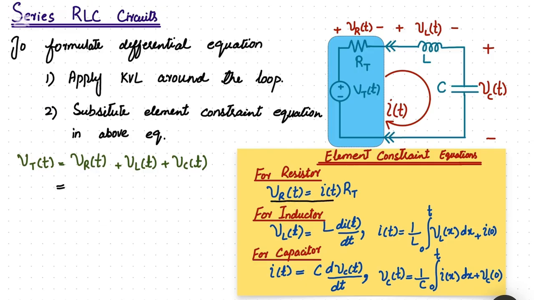For Vr of t, we know that the voltage-current relationship, or the element constraint equation, is Vr of t can be written as I of t into R. So let's write it: I of t into R, plus VL of t. VL of t is the inductor voltage.